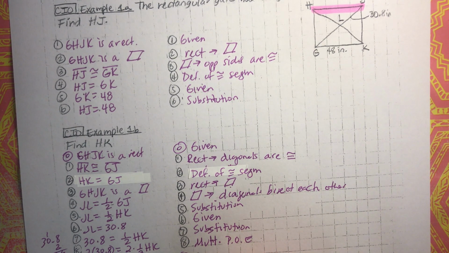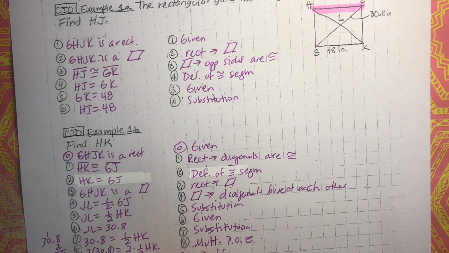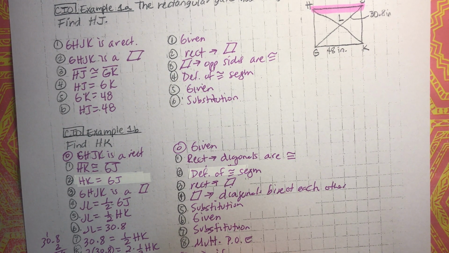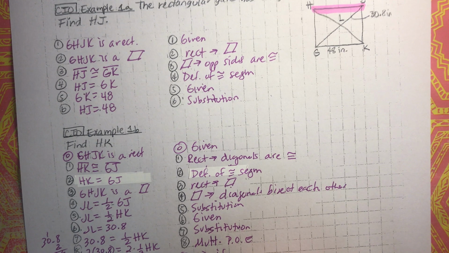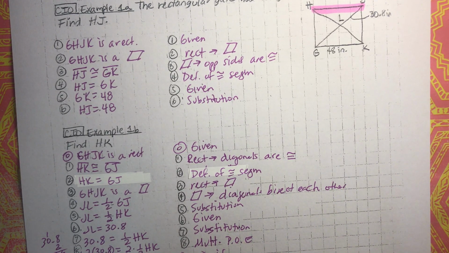This is just simplify. And then finally, we just do that symmetric property of equality. Equality, and boom, there we have it.